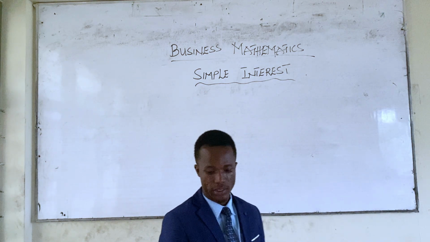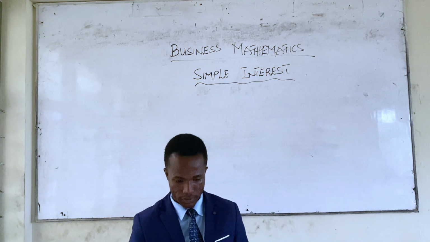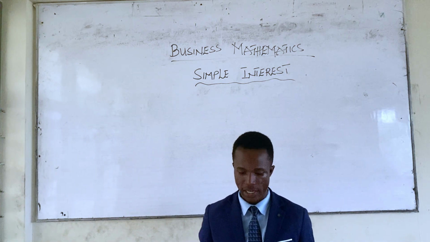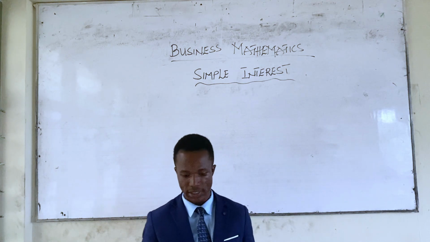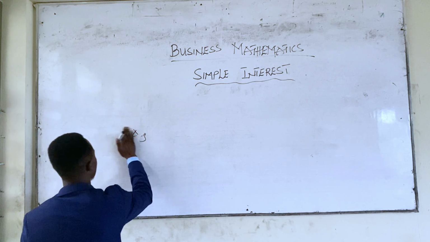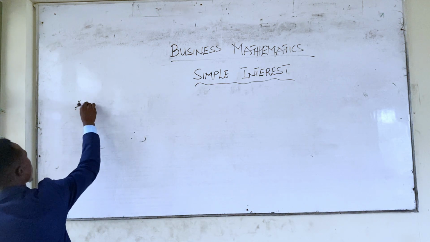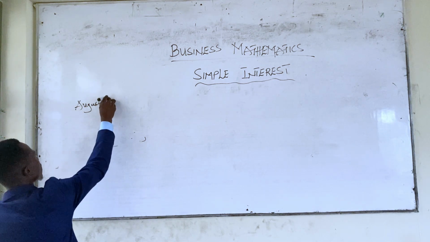So we have a question on our screens. We have I and II. So let's tackle the I first. It says on August 19th, so we write our starting date, August 19th.